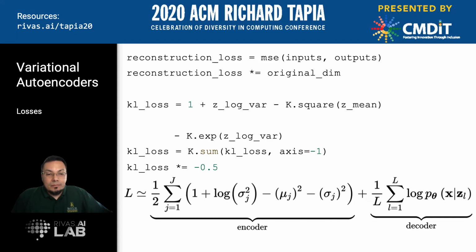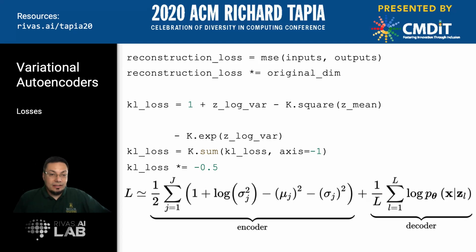One last item is defining the losses. We're going to define the reconstruction loss and the two parts of the encoder and decoder loss. I put the formula here back just for reference, saying that this part of the encoder comes from the KL divergence, remember?